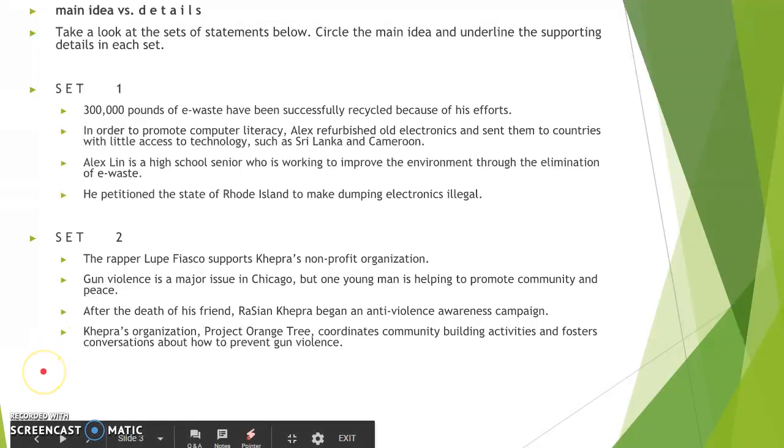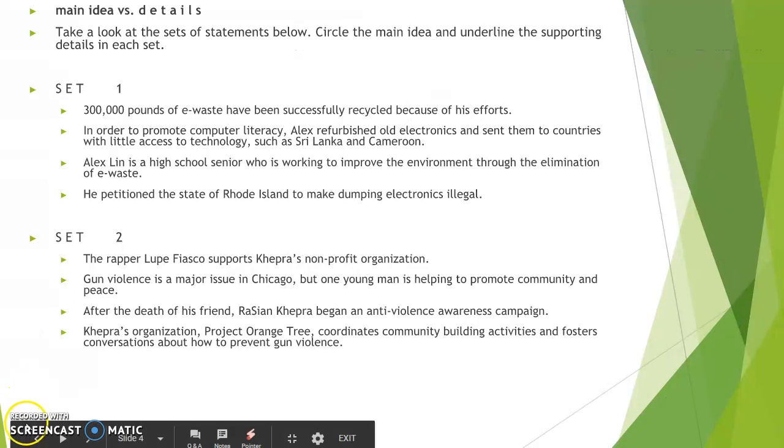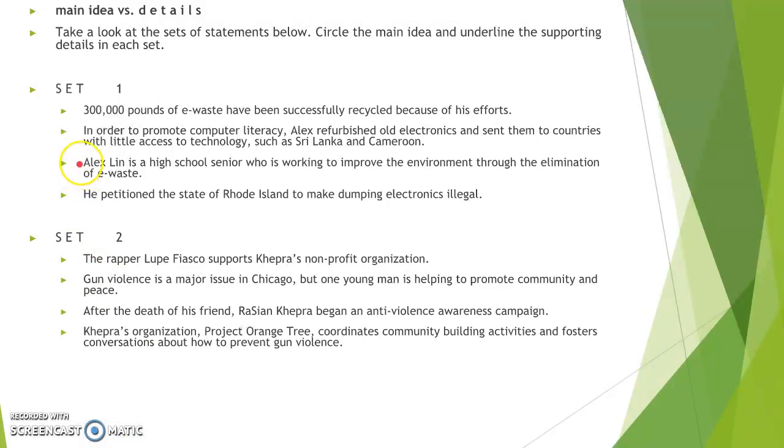So let's take a look at our answers. Okay, for some reason, my little animations are not showing up, but we'll just talk about it. So in set one, the main idea is going to be this third bullet point. Alex Lynn is a high school senior who's working to improve the environment through elimination of e-waste. That's the main idea.